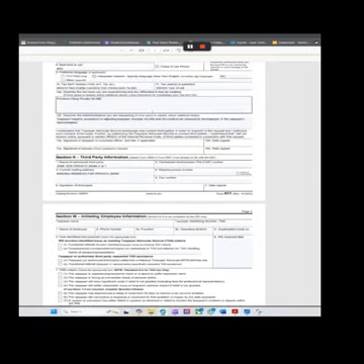Okay, so with this, let me see. I'm going to attach a 2848. Yes. So I attached a 2848 declaration of representative for this taxpayer. Address, social security number, phone.